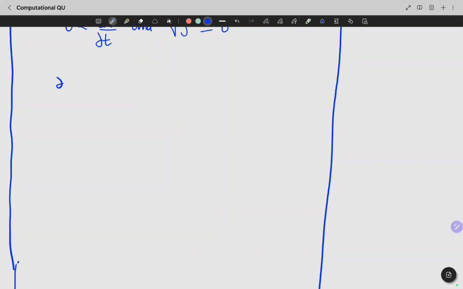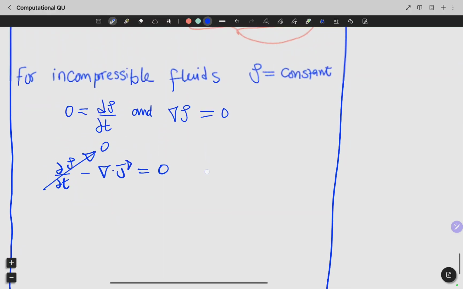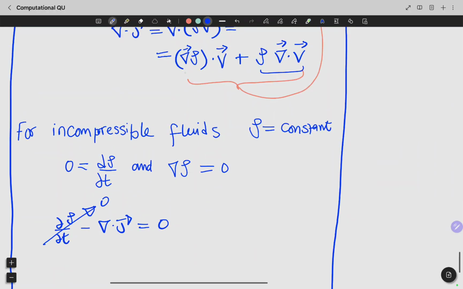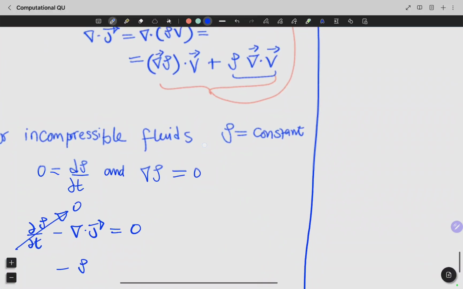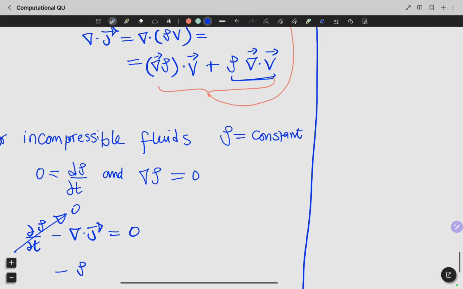So d by dt of rho minus the divergence of j equals 0. This guy goes to 0, and I already told you that this side will vanish because density does not change with space, and you end up with minus rho.